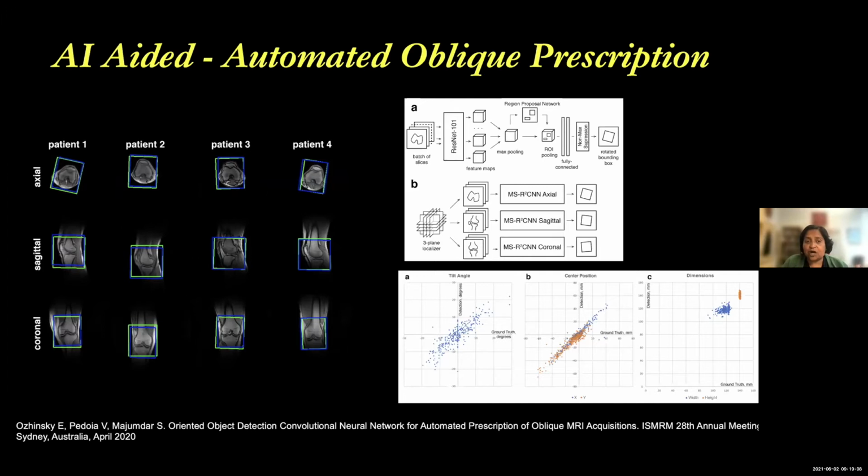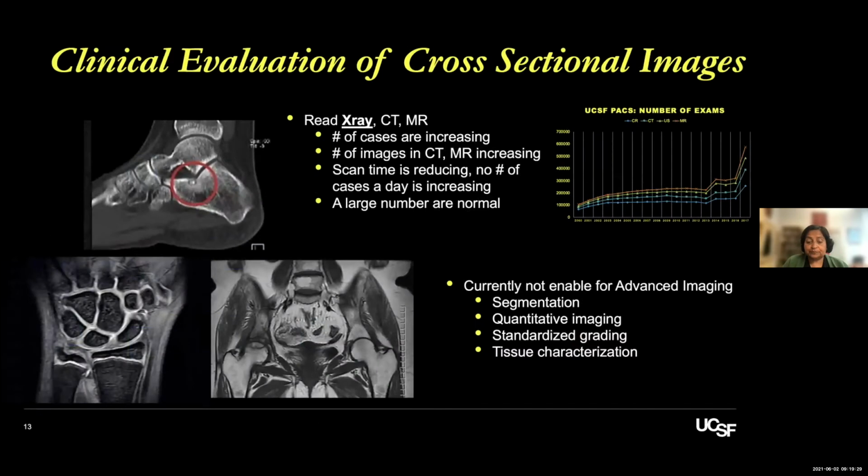You can see the model is performing really well, and the graph over here shows essentially the center position and the tilt angle that the automated algorithm develops. So there's an automatic prescription which essentially does the prescription based on the condition, which is AI, again, impacting the workflow. But let's talk about the images themselves.